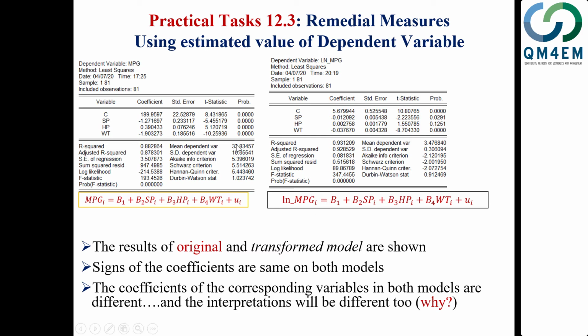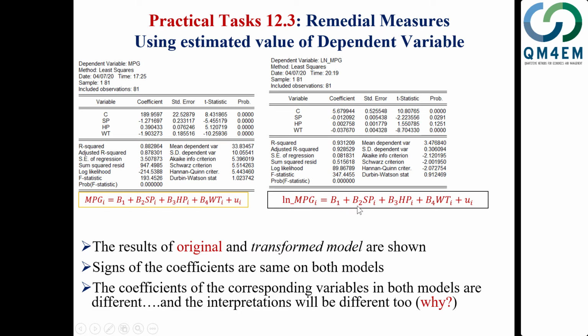The reason for the difference is that on the left hand side we have the dependent variable in linear form and the independent variables also in linear form. So here one coefficient, for example beta 2, shows that if SP increases by 1 unit, MPG responds by beta 2 units. But on the right side, when we are using ln of MPG, we have a log-linear model.